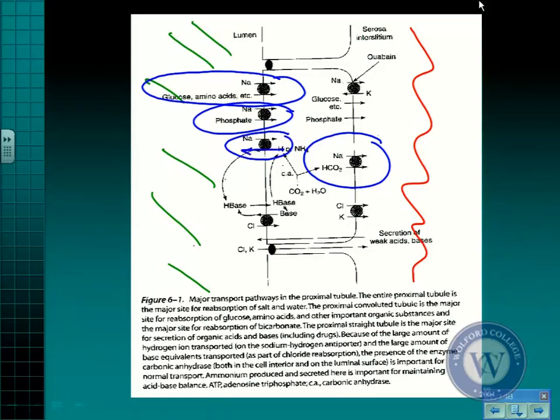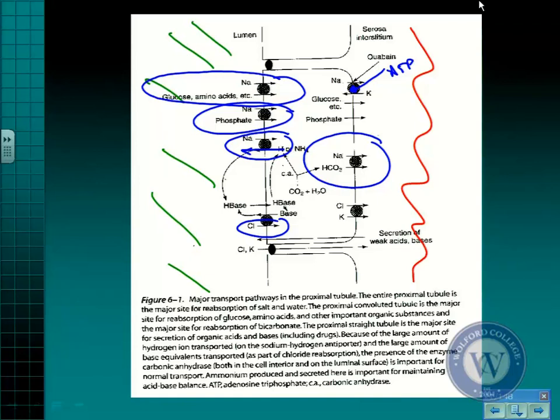That's important for acid-base balance because the urine really wants to get rid of the acid. So hydrogen ion tends to come out in the proximal tubule. You can see also the chloride coming back in, and then you have your main mechanisms here. Now, this system right here requires ATP. That's the sodium-potassium ATP pump.